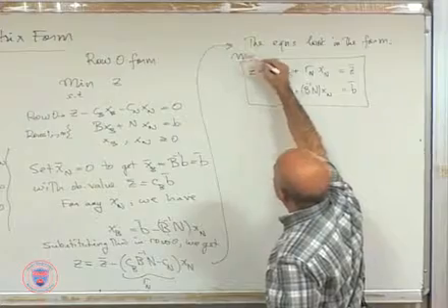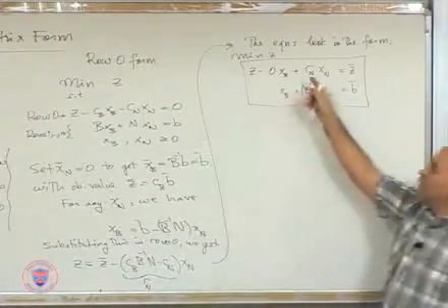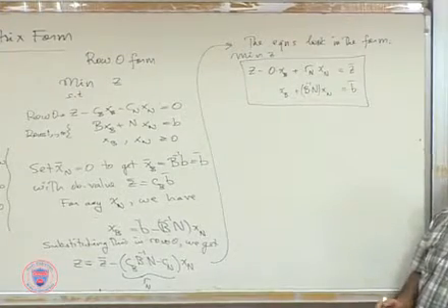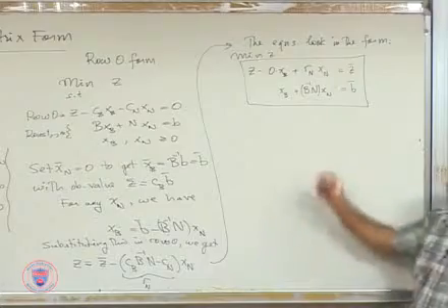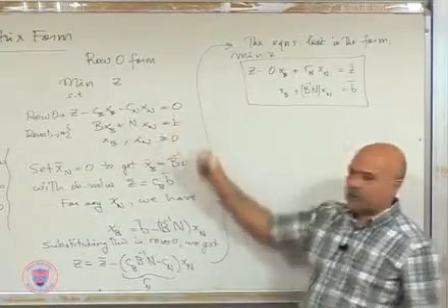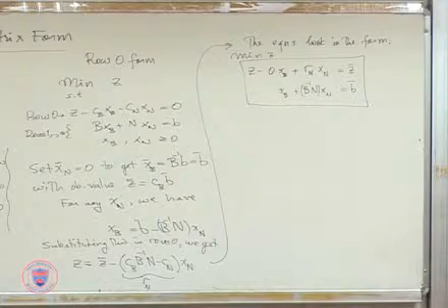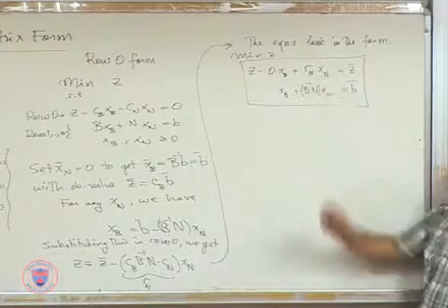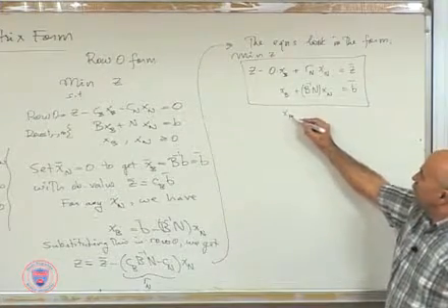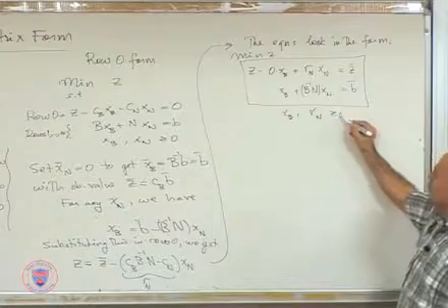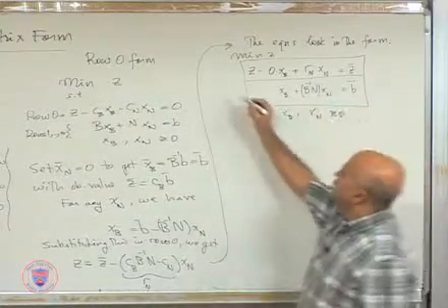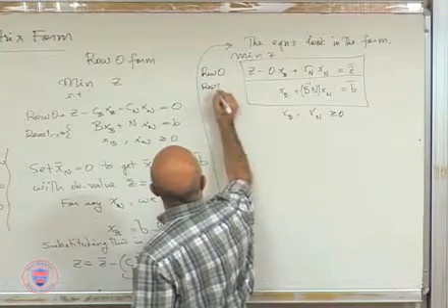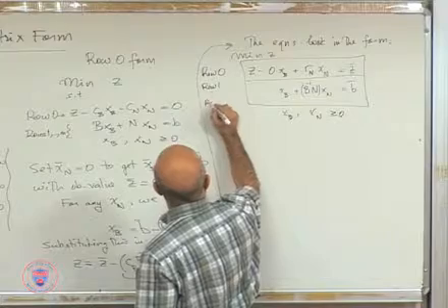You're still minimizing z here, subject to these constraints, which are equivalent to the original constraints because you just pre-multiplied by a non-singular matrix, B inverse, and then you substitute it in the top, with x_B, x_N greater than or equal to 0. That's your row 0. And the remaining part gives you row 1 through row m.